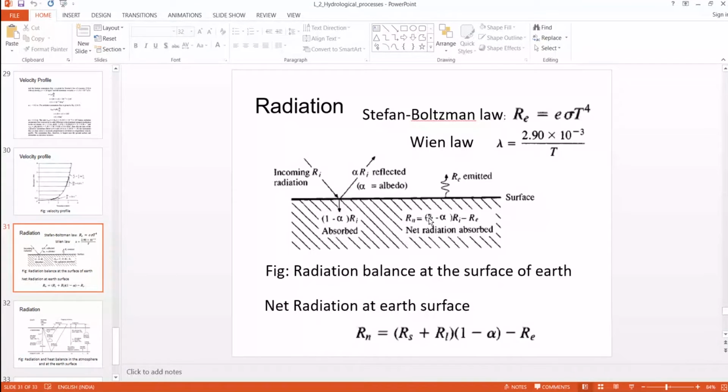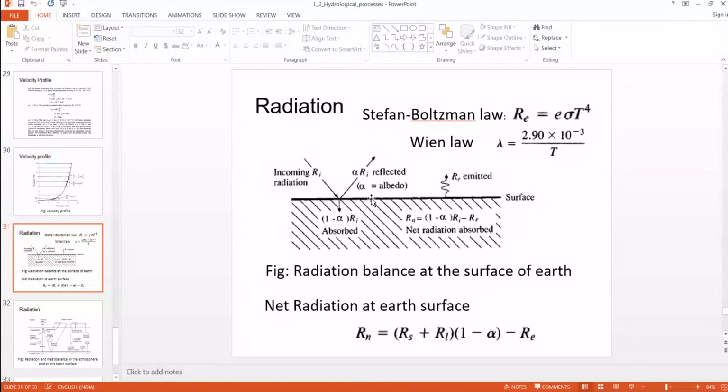Out of the absorbed radiation, part of it is again emitted back. The reflected quantity is equal to some constant times incident radiation, that is αRi. This alpha represents how strong the reflection is.